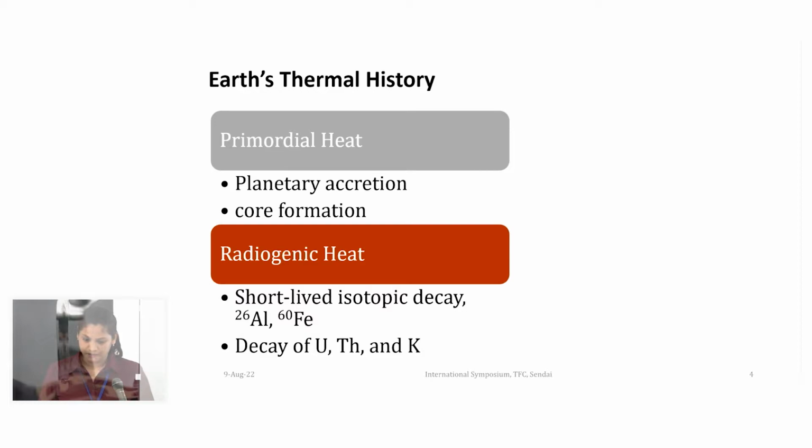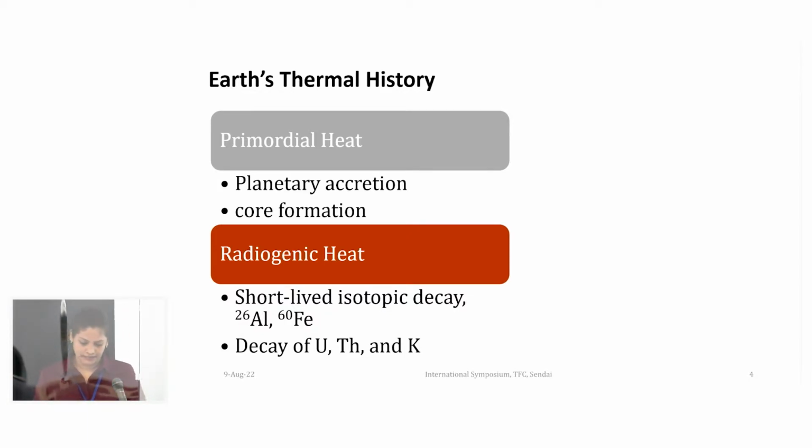This has already been said a number of times in the series of talks in this symposium about thermal evolution, and it will also be said in the next few talks. The major sources are primordial heat and radiogenic heat, where the primordial heat is due to planetary accretion and core formation.